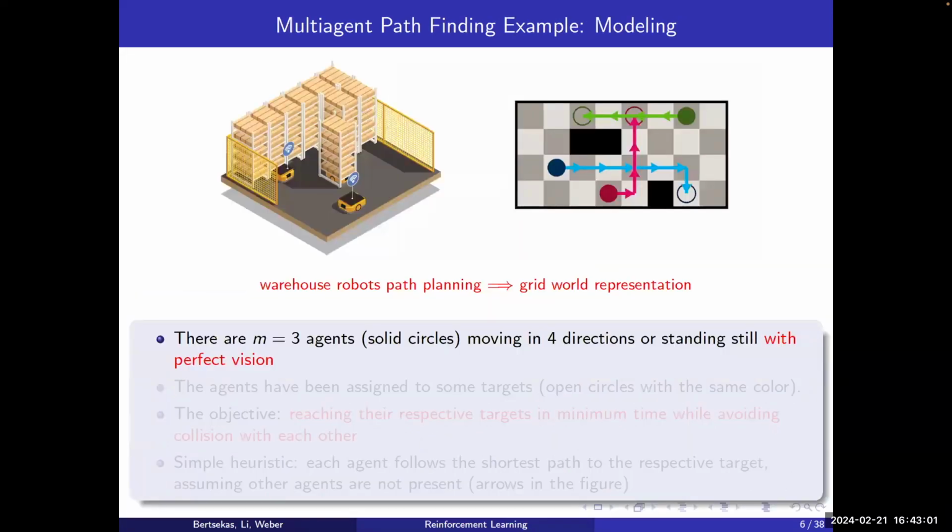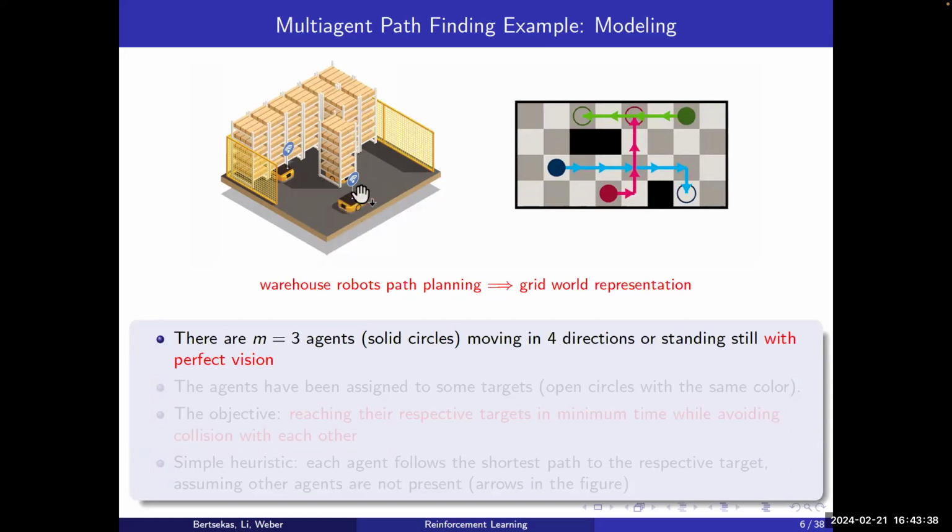All right, so for the warehouse robots path planning problem, we can consider this situation where there are multiple warehouse robots. They are moving in a common shared warehouse environment, and they have been equipped with some sensory equipment that can share local sensory information with each other or with a cloud, so that each agent has the full picture of the overall situation.